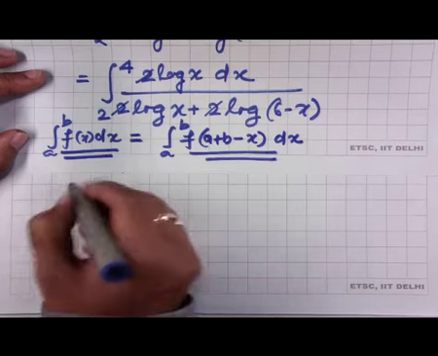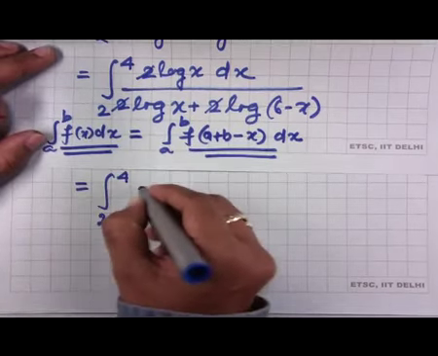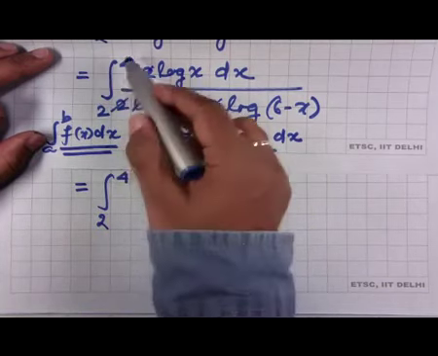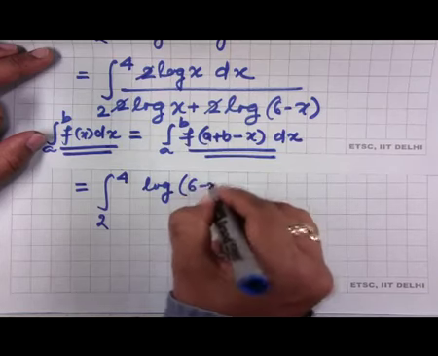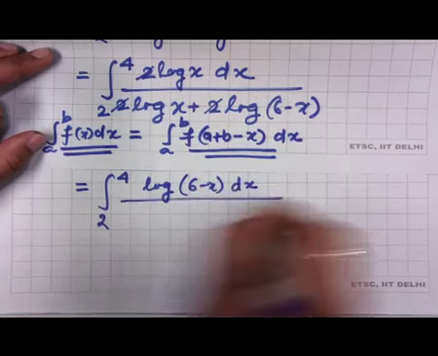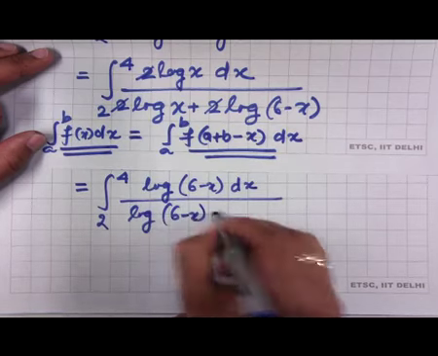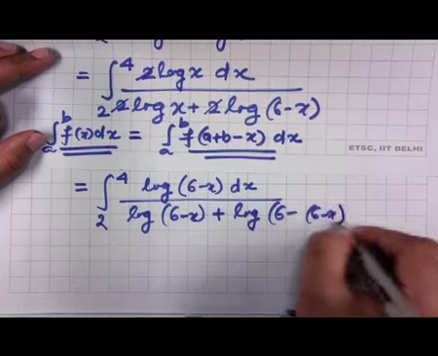Now apply this, so you get 2 to 4, a is 2, b is 4, so you get 6 minus x. dx, log x will be replaced by log of 6 minus x, and log 6 minus x by log of 6 minus (6 minus x).